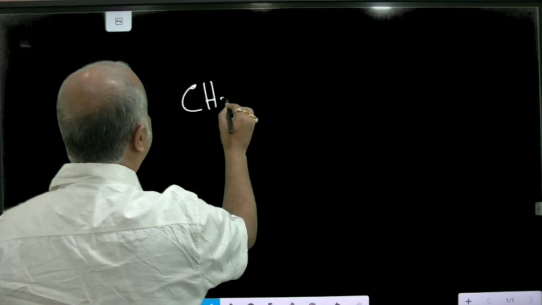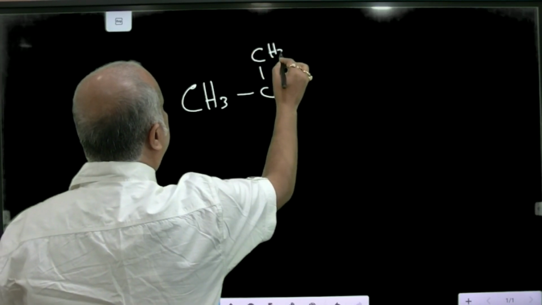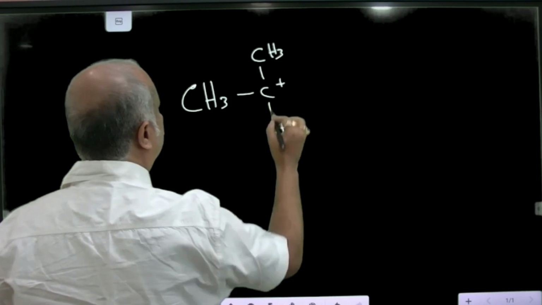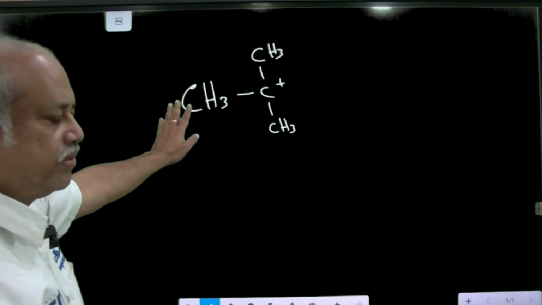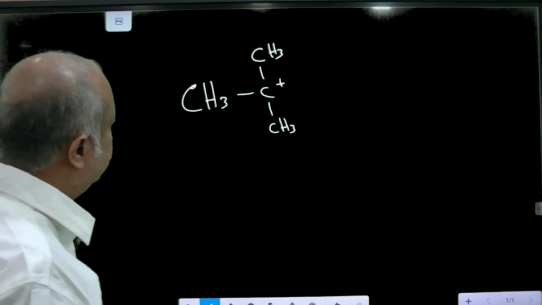That is the first step. Then carbocation. 3 degree carbocation. Stable carbocation. SN1 mechanism.